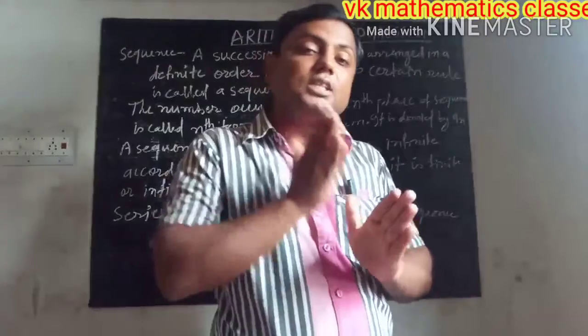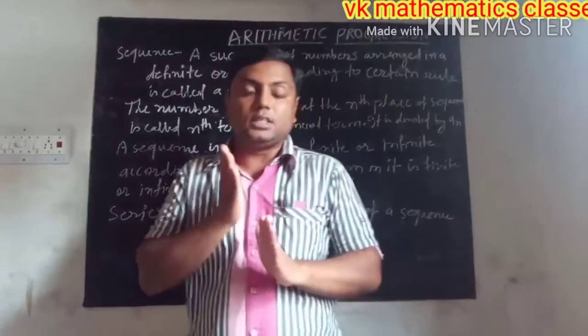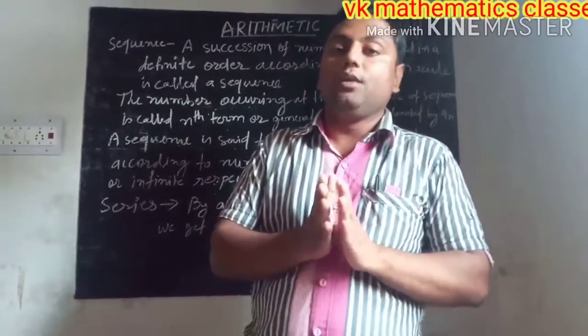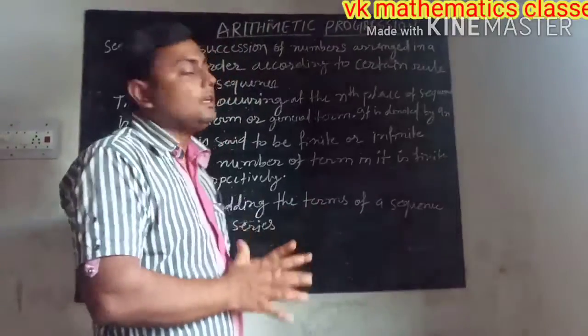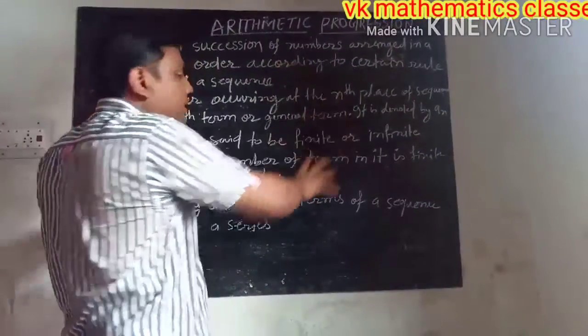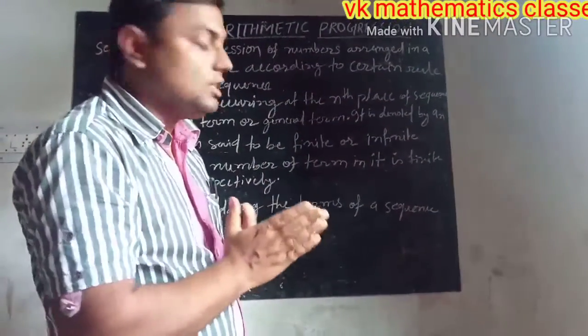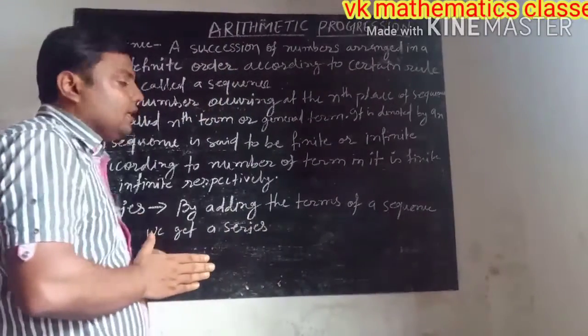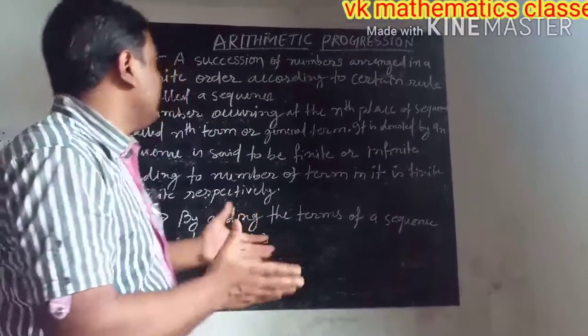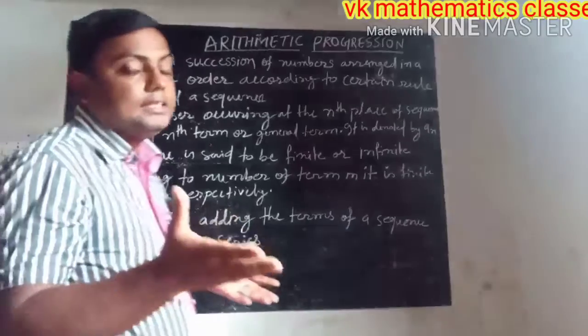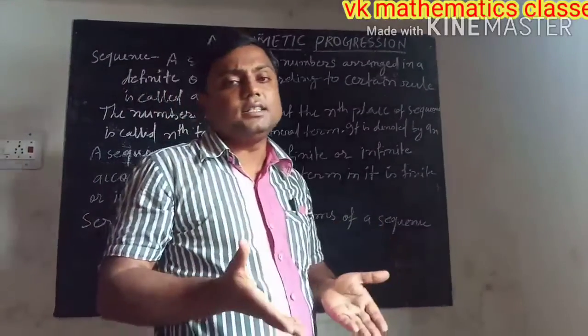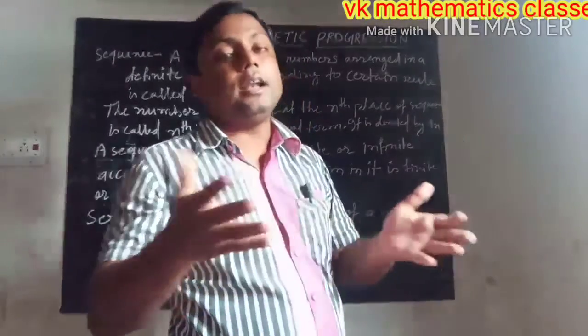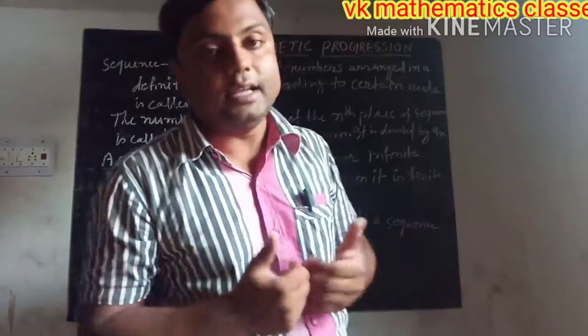If we add each term, suppose 1 plus 2 plus 3 plus 4 plus 5, we obtain a series. That is, if the terms of a sequence are added, it is called a series. Also, a series with a finite number of terms is called a finite series, and a series with an infinite number of terms is called an infinite series.